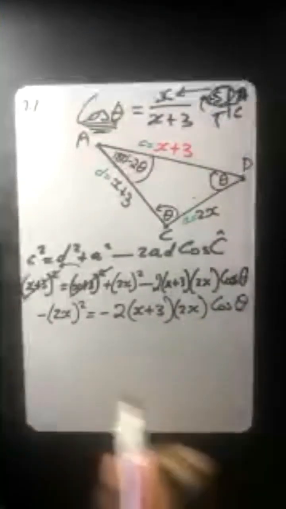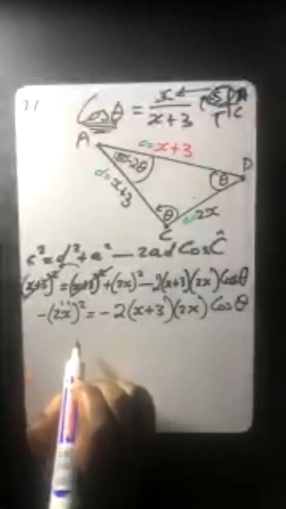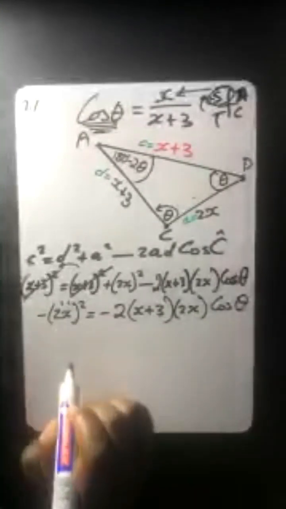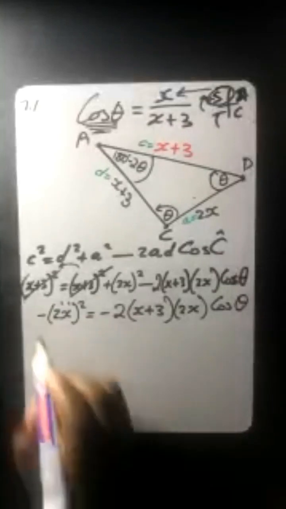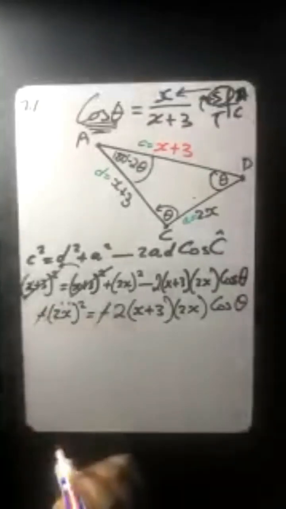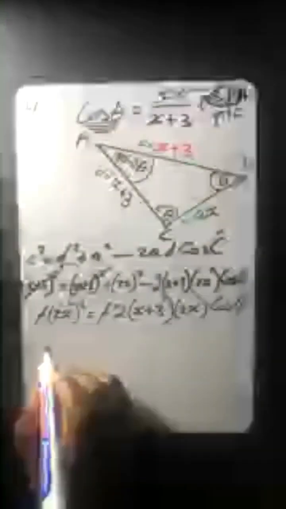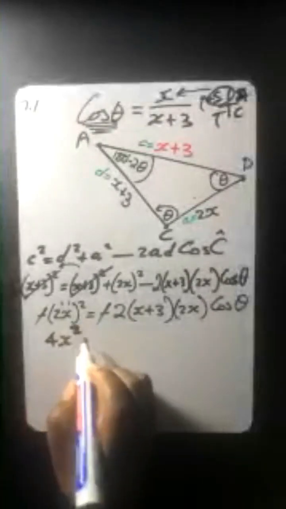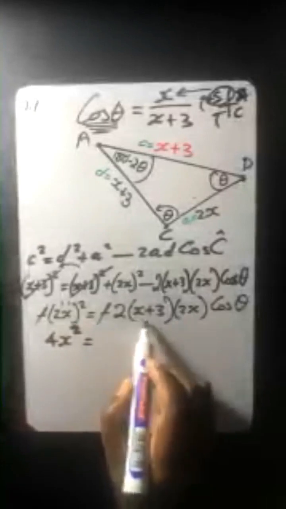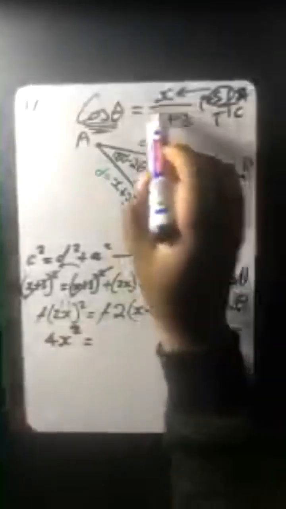I'm not sure if you guys notice something. You remember, you are having invisible one power to power. But let's not even entertain that negative. Straight away, let's cancel that negative with that one. So power to power, that means you're having 2 squared and then x squared. What is 2 squared? I think that is 4. So that means you're having 4x squared, which is equals to this one.